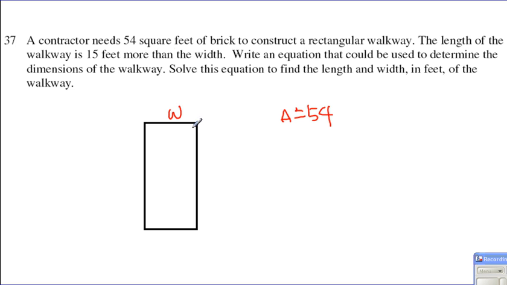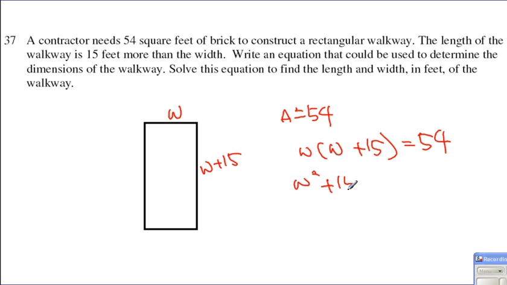So if this is width, this is 15 more than that. Since area is 54, when we multiply them, it should be equal to 54. So W times W plus 15 must be equal to 54. Now when you multiply, we get W squared plus 15W equals 54.